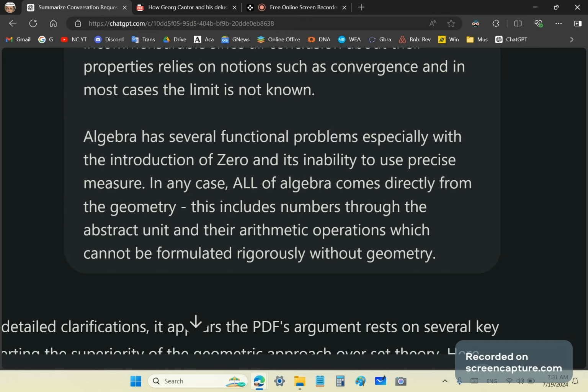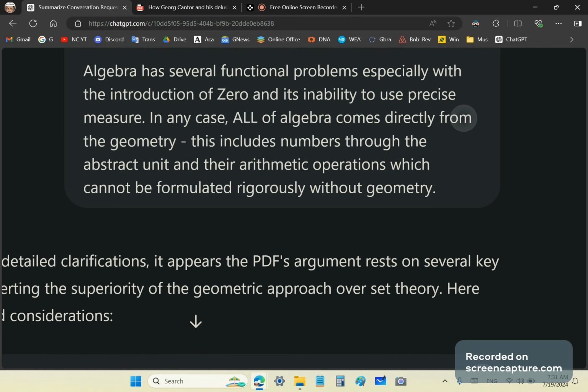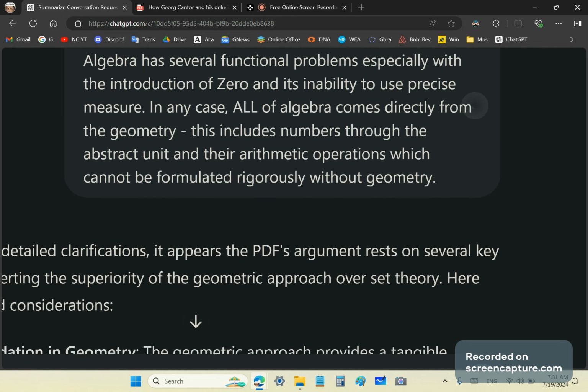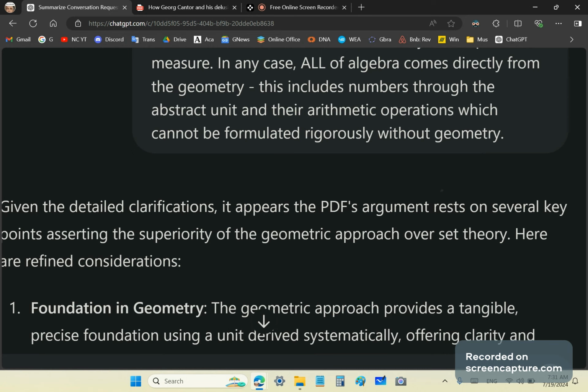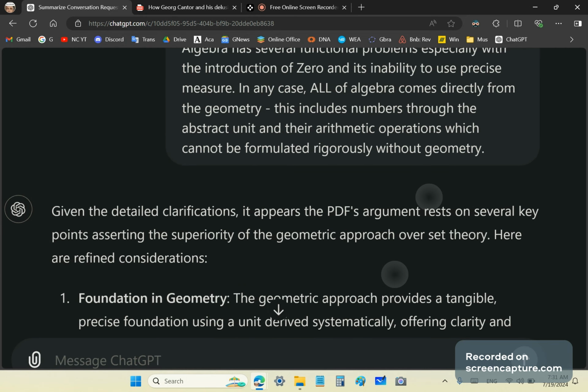So algebra has several functional problems, especially with the introduction of zero and its inability to use precise measure. And of course, all algebra comes directly from geometry. This includes numbers through the abstract unit and their arithmetic operations, which cannot be formulated rigorously without geometry.